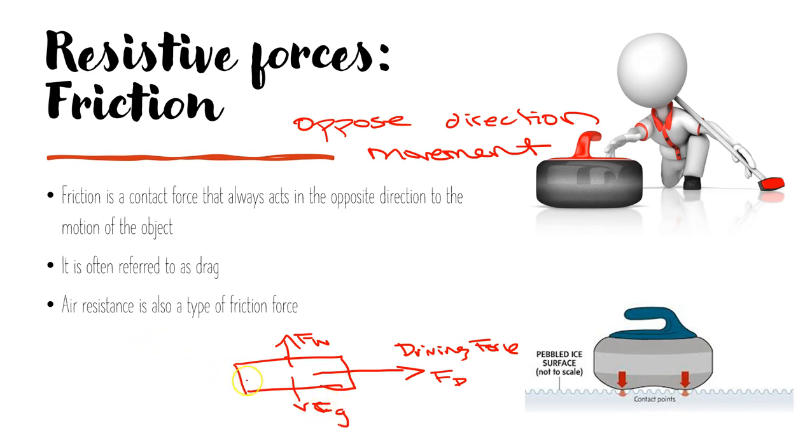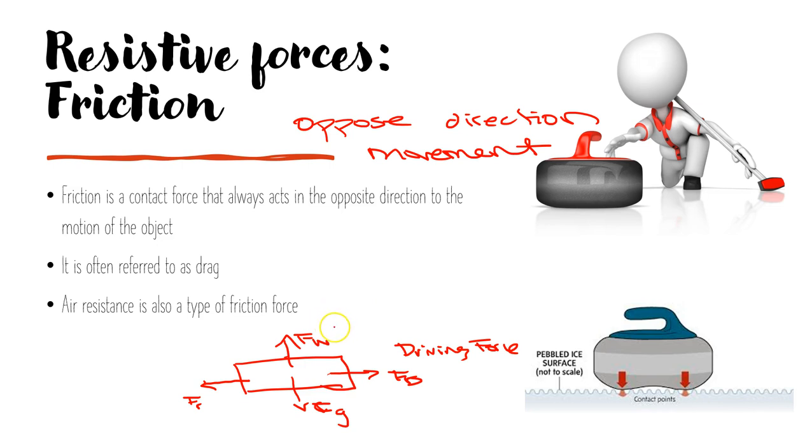But then if we're speeding up, so we're pedaling and we're providing thrust, then the driving force is going to be greater than the friction force, so we will speed up. If we're traveling at a constant speed, then the driving force and the friction force are going to be equal, okay? So friction is always in opposition to the movement.